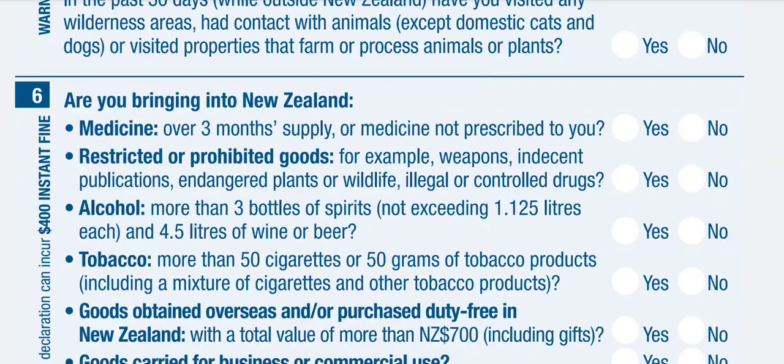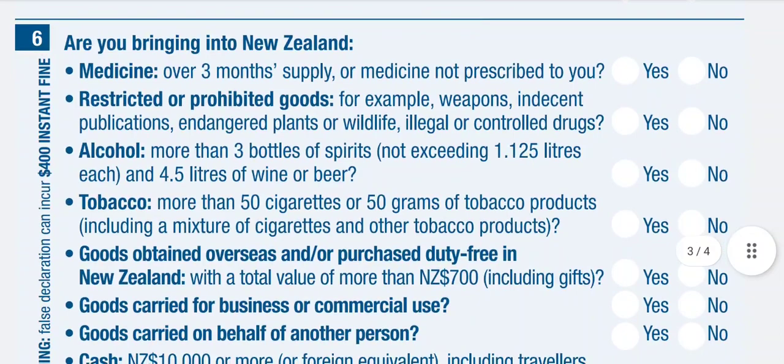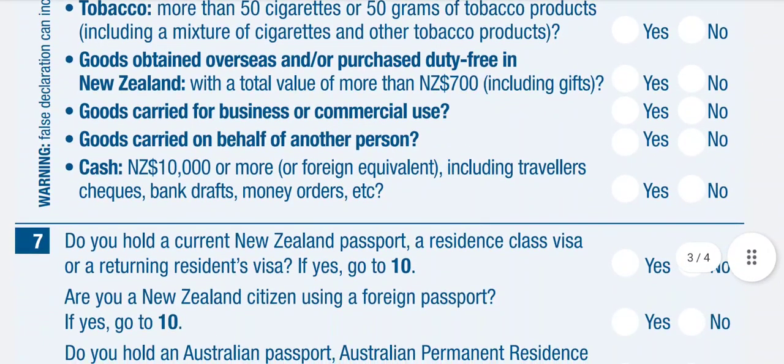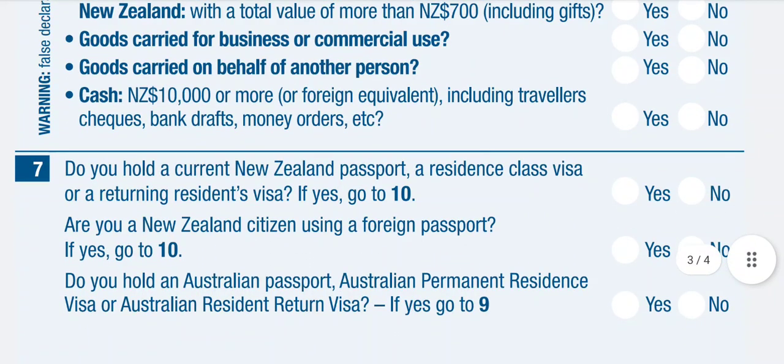Restricted or prohibited goods including weapons, indecent publications, endangered plant or wildlife, illegal or controlled drugs, alcohol more than 3 bottles of spirits, tobacco, goods obtained overseas and purchased duty free in New Zealand with a total value of more than 700 New Zealand dollars including gifts. Okay, for cash, 10,000 or more foreign equivalent including traveler's cheque, bank draft, money order, etc. This also you need to put as per your case.